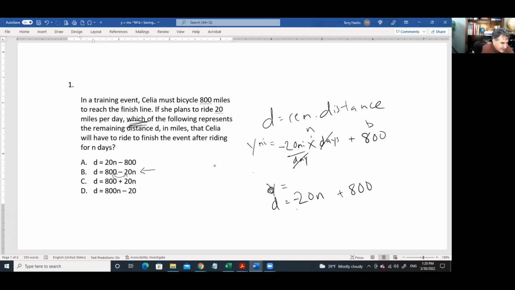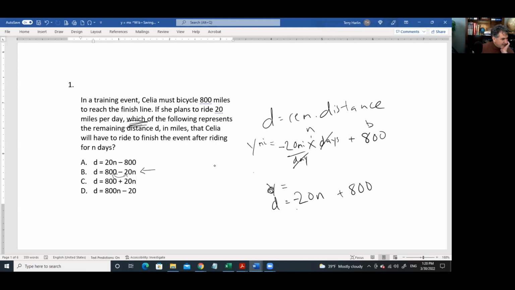I noticed that my slope value, my m, here is 20. Here it's negative 20. Here it's positive 20, and here it's actually 800. So the slope varies from 20 to negative 20.